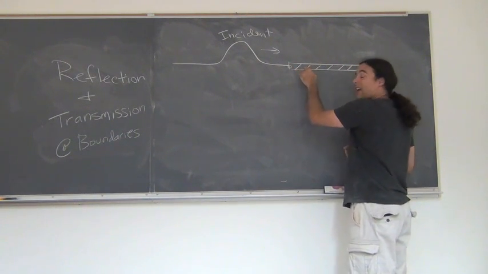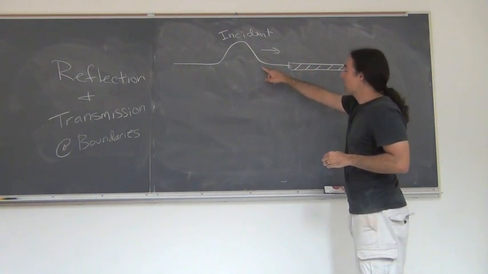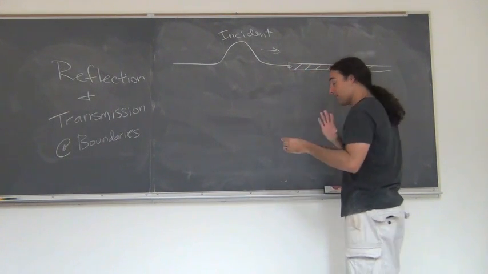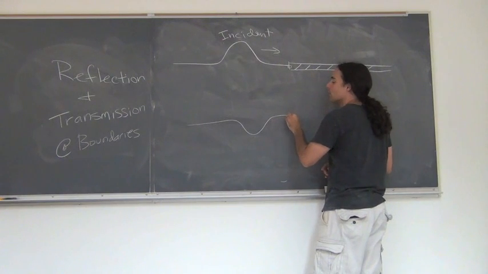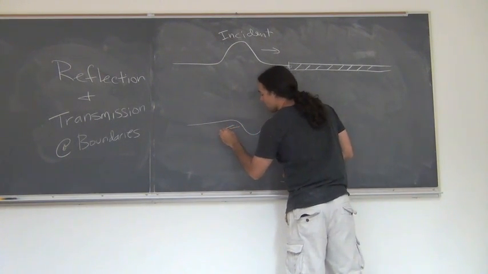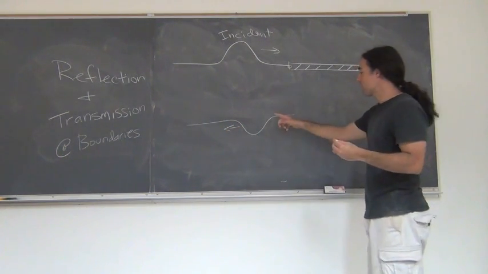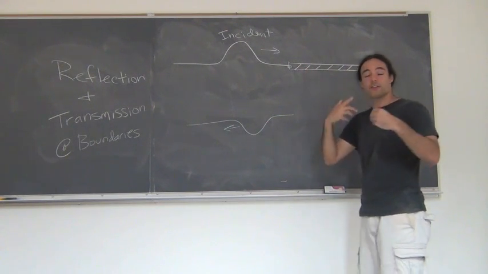So I know this wave is heavier than the wave on the left. If it were infinitely heavy, I know that the reflected wave would be inverted. So that tells me that this wave should be inverted just because it's attached to something heavier.